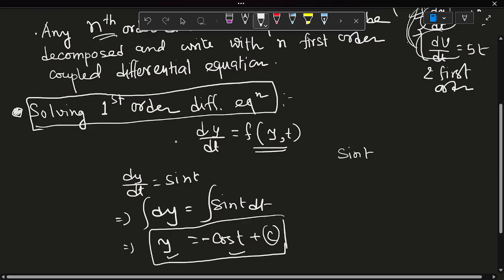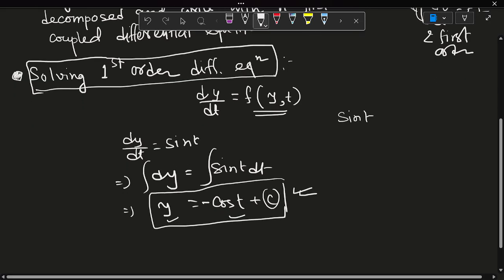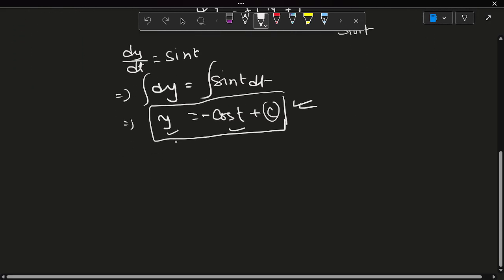So this is fine if you have a very simple equation; even in that case you don't need the computer. You can calculate by hand, by the rules, the integration of the given function and proceed. But there can be scenarios where you have a very complex function.